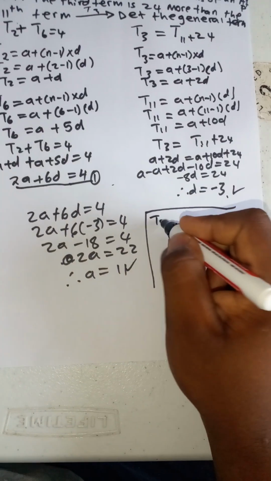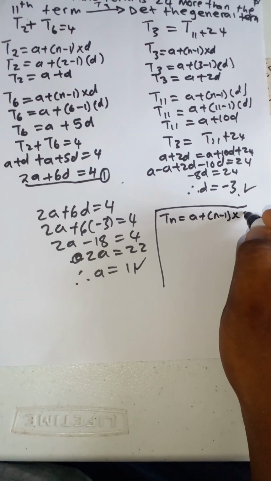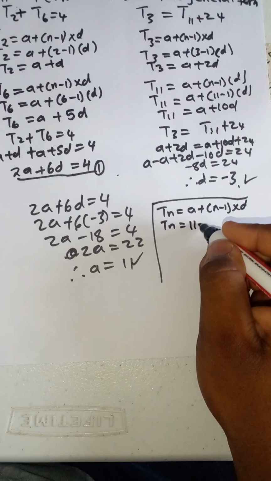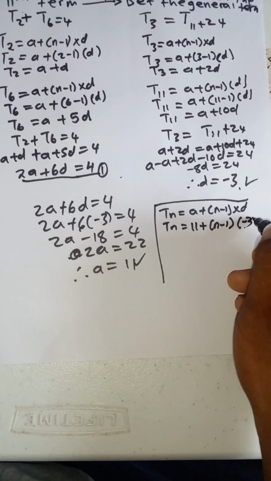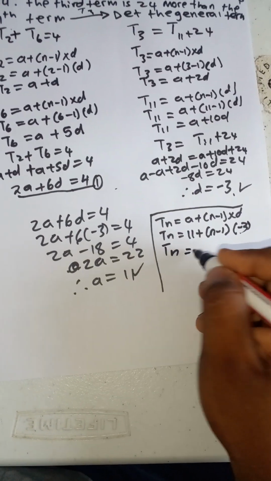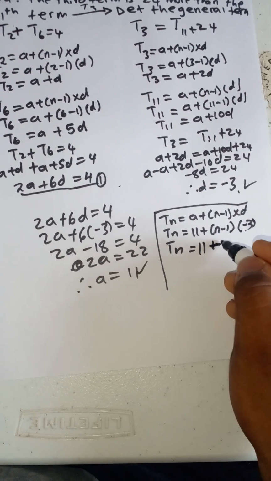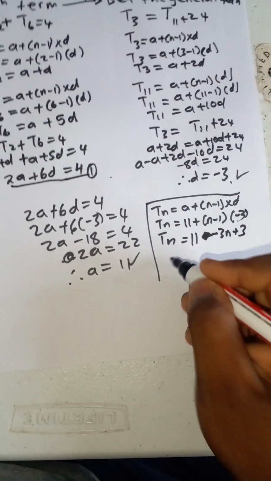So now Tn equals a plus n minus 1 times d. Tn equals 11 plus n minus 1 times d, which is negative 3. Then Tn equals 11 minus 3n plus 3.